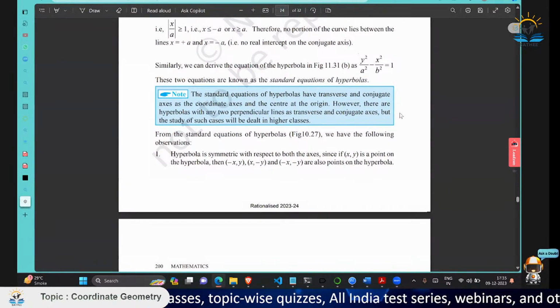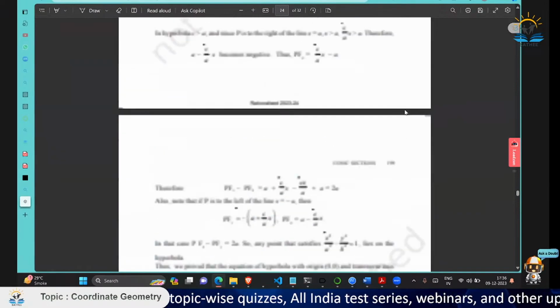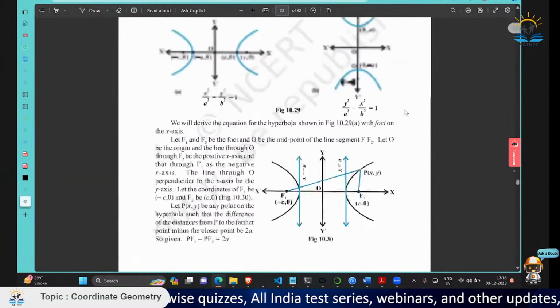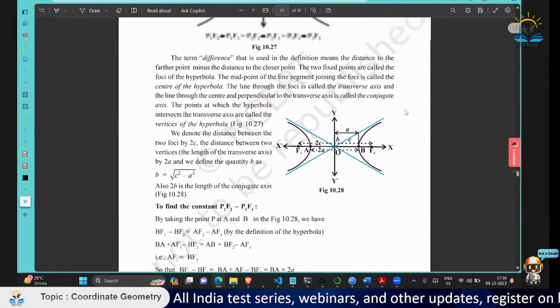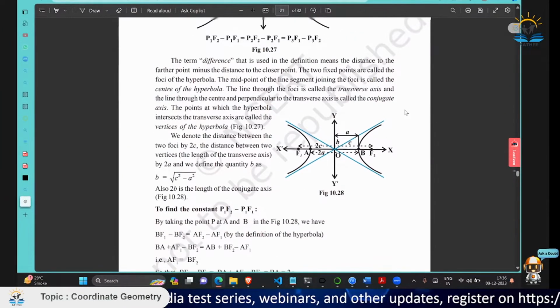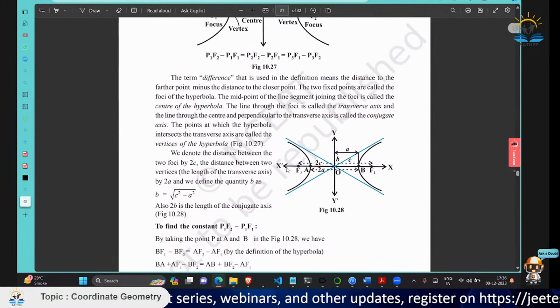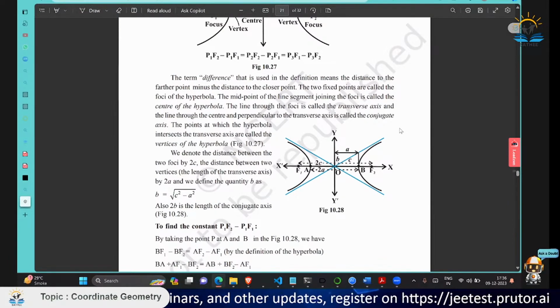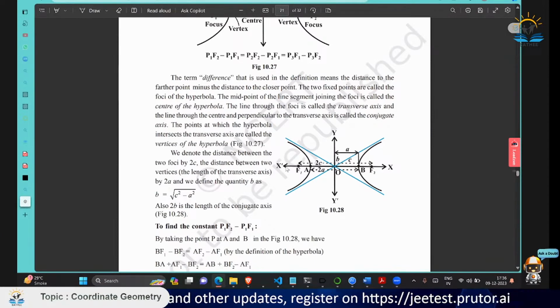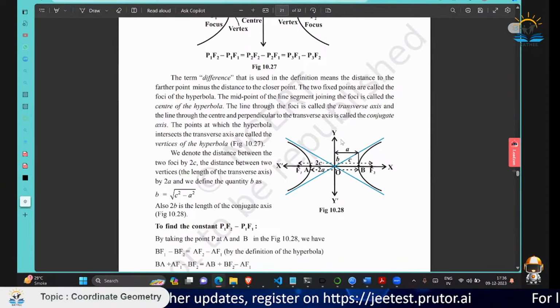There is something called the transverse and conjugate axis of the hyperbola. The line through the foci is called the transverse axis, and the line through the center and perpendicular to the transverse axis is called the conjugate axis.